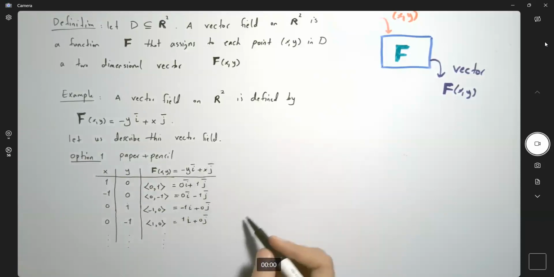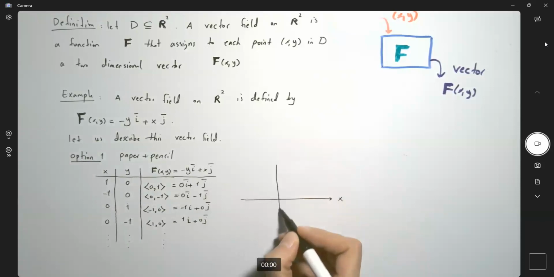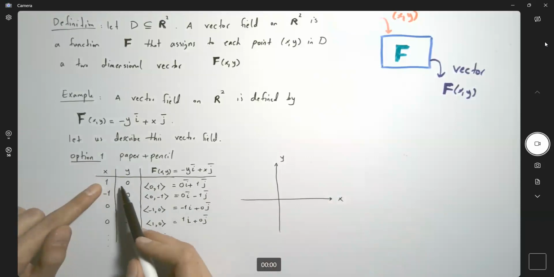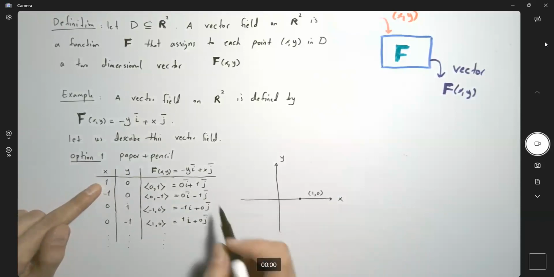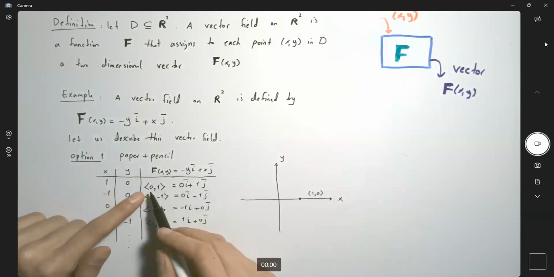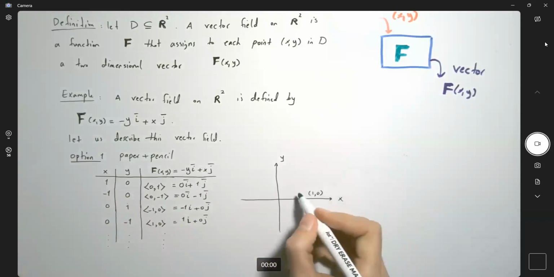So how do I visualize this? I have the x-axis. I also have the y-axis. At 1 and 0, this is the point 1 and 0, I have vector 0 and 1. I'm going to use a different color.